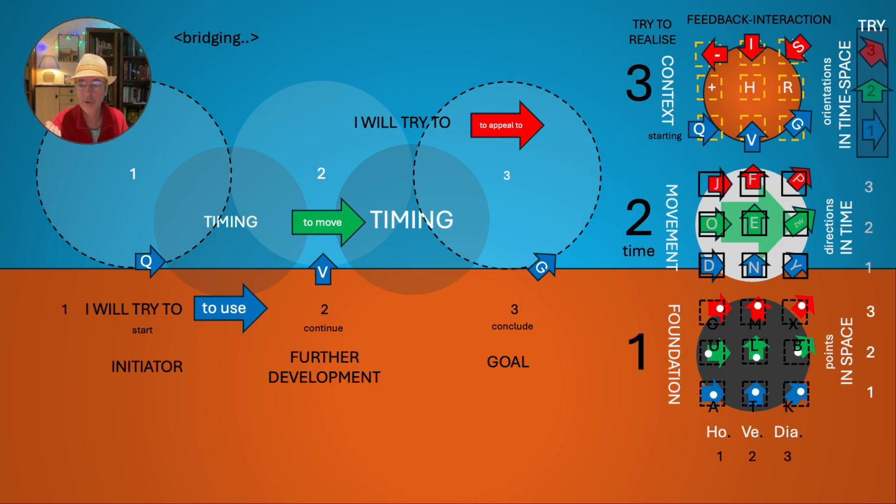So we used now also the helping tool of the horizontal, the first level, the starting level. So we want to continue actually something. We want to continue a starting point, which we can't in a fixed way as in space. So we have also a starting point, an initiator from space.